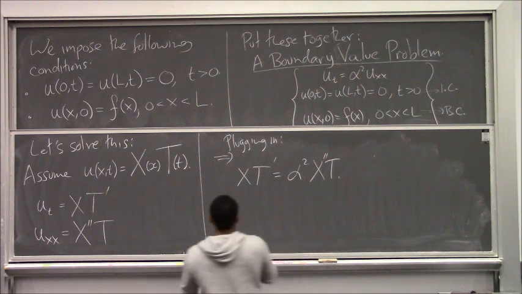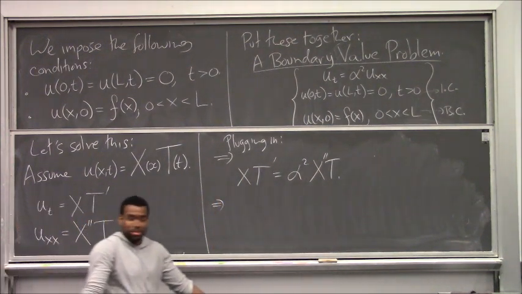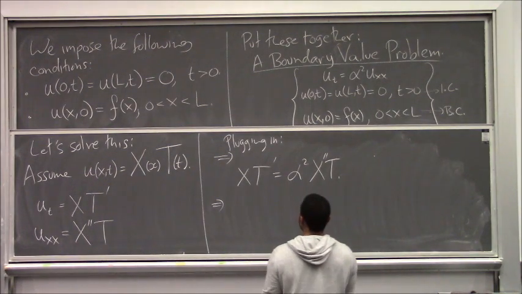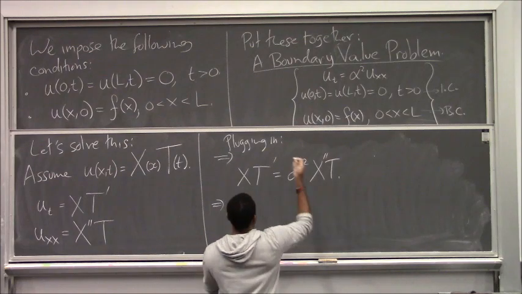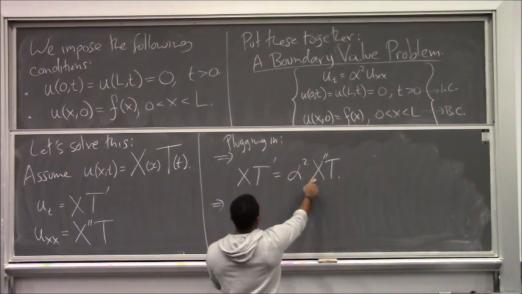Oh, I see it now. Now, we're going to separate the variables because we assumed it was separable. Okay, so I'm going to put all the x's on one side and all the t's on the other side. Let's move the X's over there because the double prime is over there.